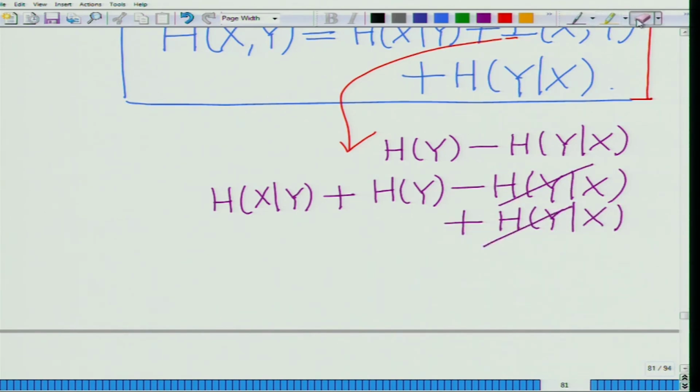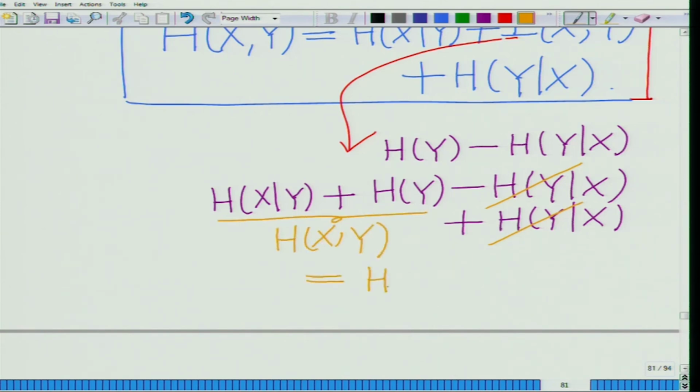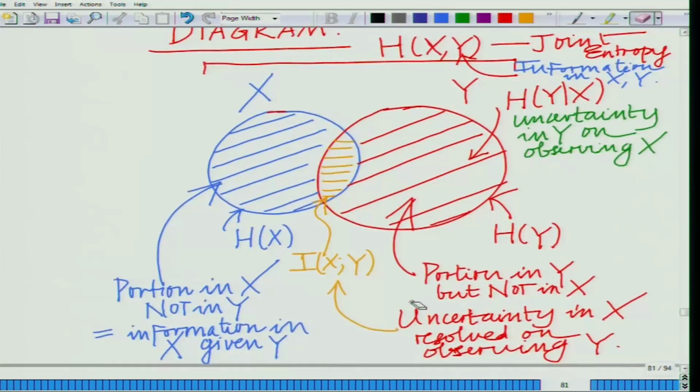These cancel, and now H(x given y) plus H(y) is nothing but the joint entropy H(x,y). So, we can derive such useful results using the mutual information. So, these are three disjoint components: H(x given y), the mutual information between x and y, and H(y given x), that is uncertainty in y on observing x.